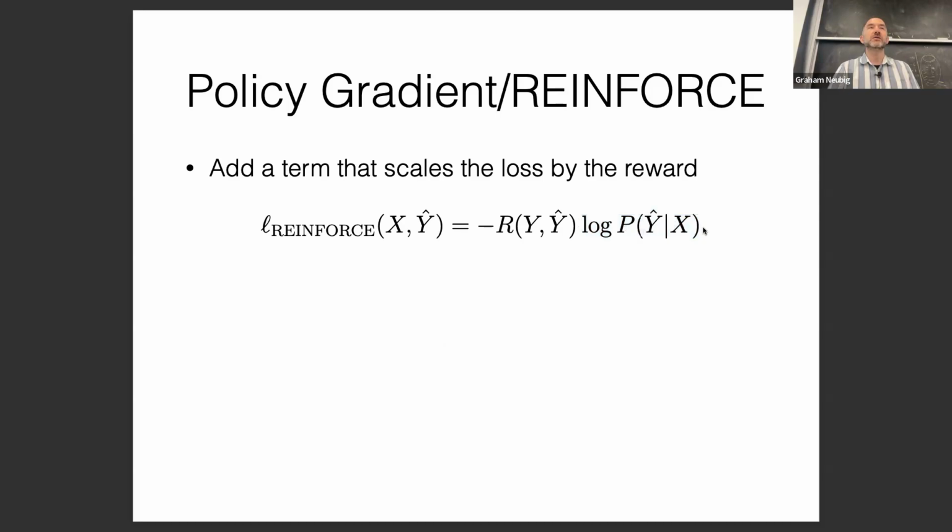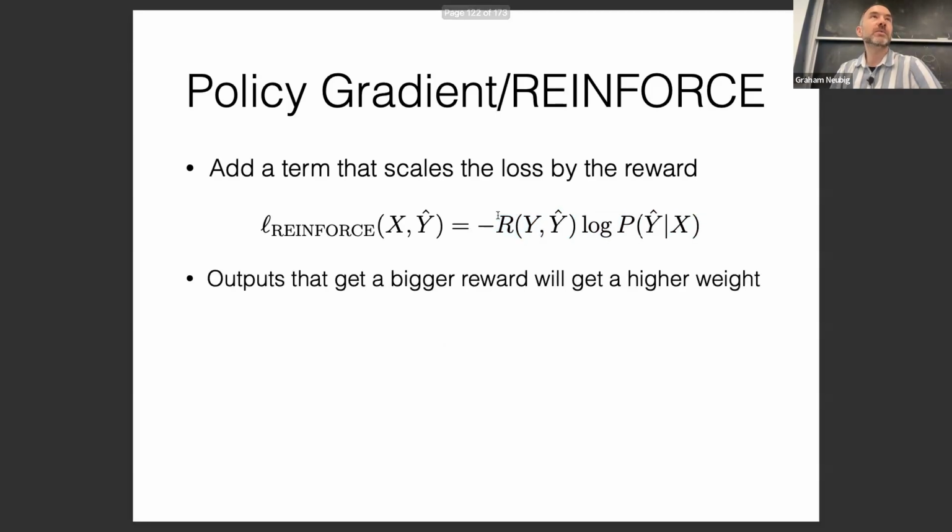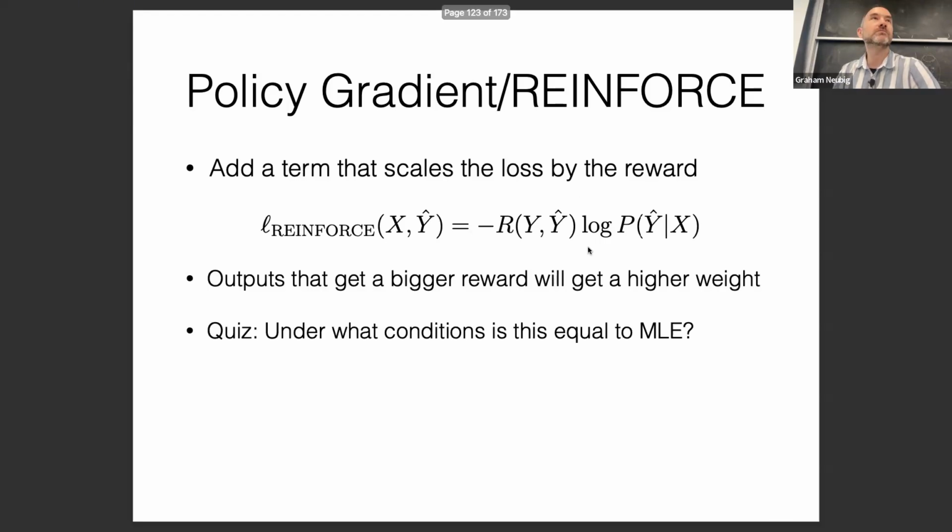So instead of just measuring the model-generated loss, we also multiply it by a reward. And this reward can be an evaluation metric that we calculate automatically. What this means is outputs that get a bigger reward will get a higher weight according to the model.